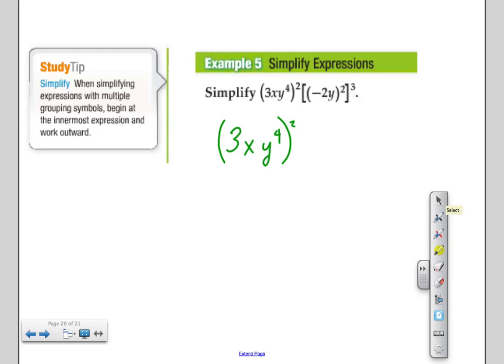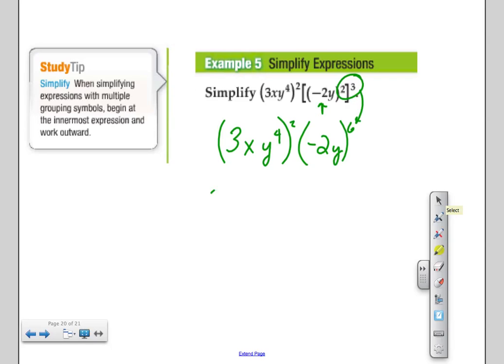Then we go over to this one, minus 2y, and this is going to be to the power of what? 6. Okay, we have 2 times 3 is 6, so we got that one taken care of.